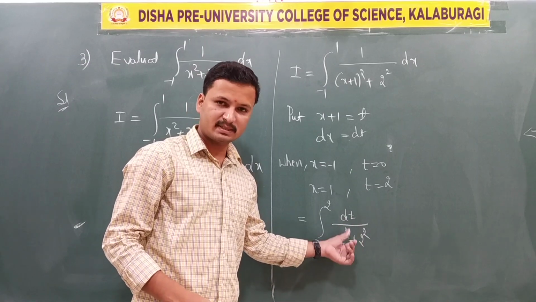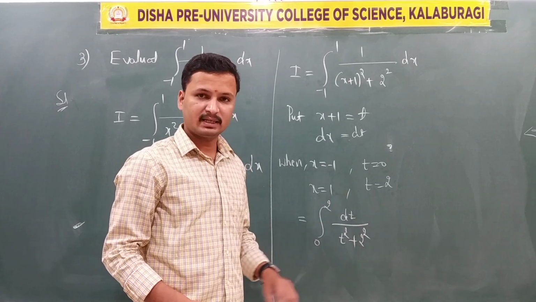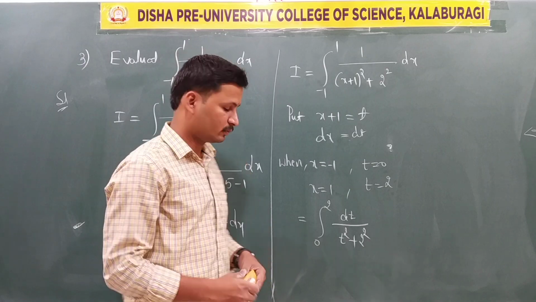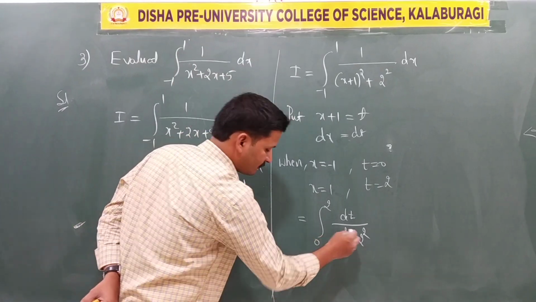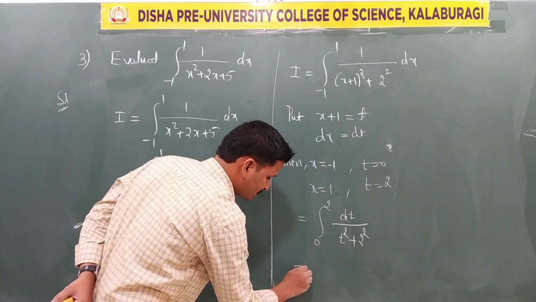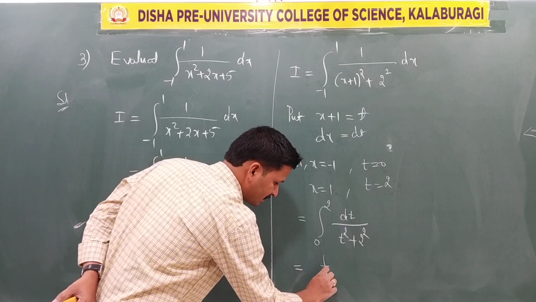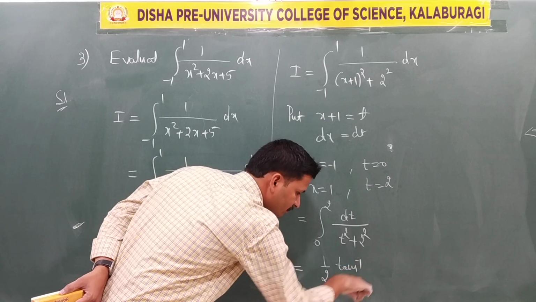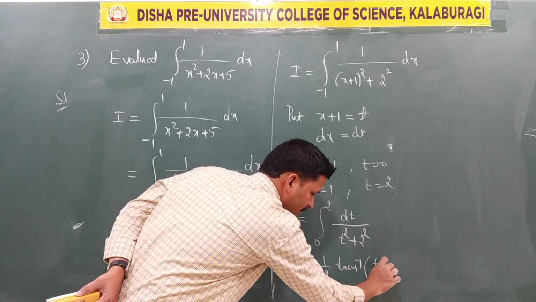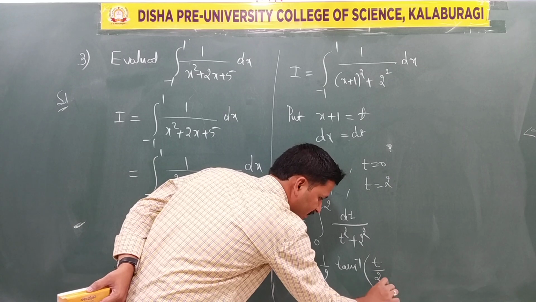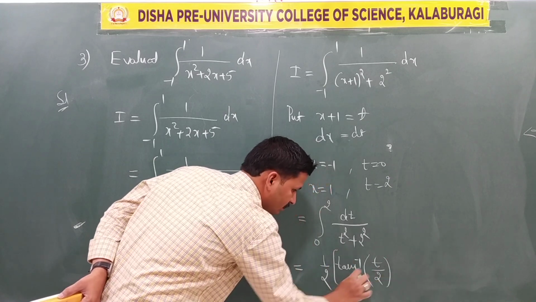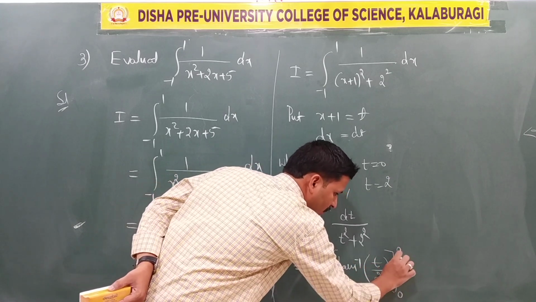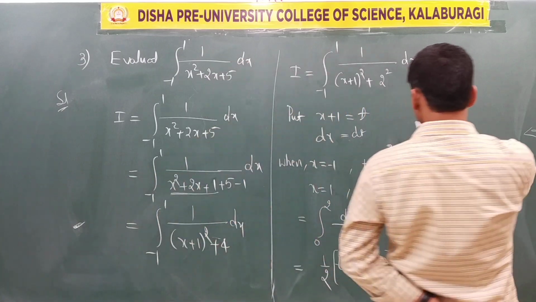So 1 by x square plus a square can be written as 1 by a tan inverse of x by a. Okay, so here the variable is t. So this can be written as 1 by a, here a is 2. 1 by 2 tan inverse of x by a, here the variable is t, t divided by a is 2. Yes. So limits, lower limit is 0, upper limit is 2.